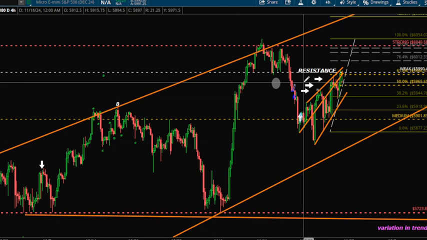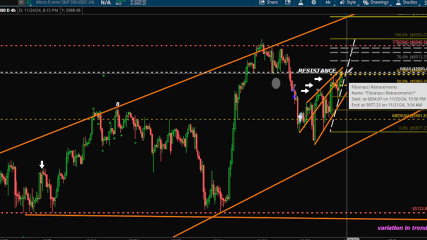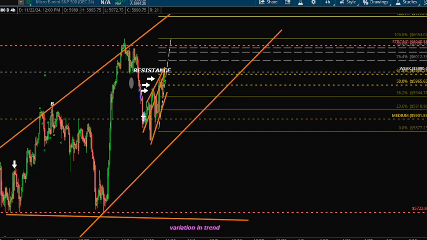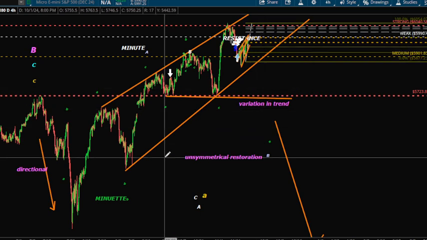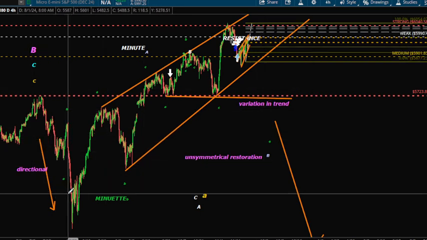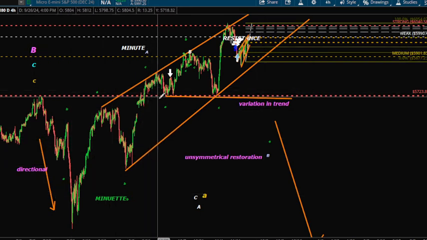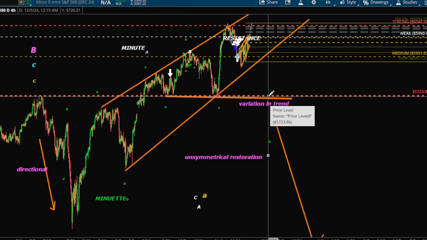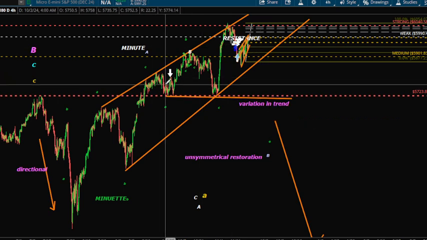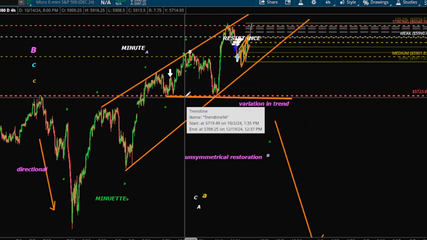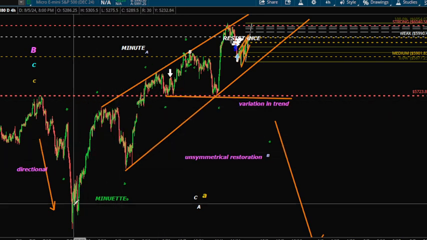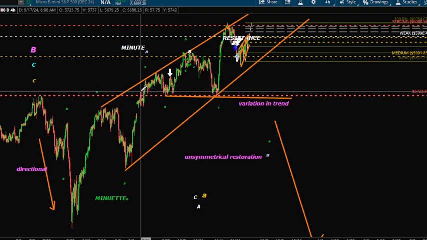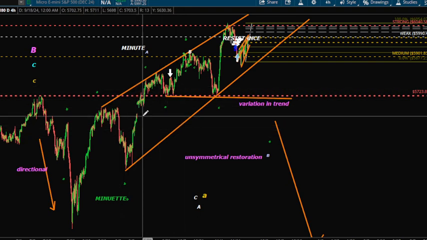So yeah, I think that's about it. Let me see. Yeah, the more I kept trying to measure all these moves here from August 5th, it looks like this is going to be separated into three moves.